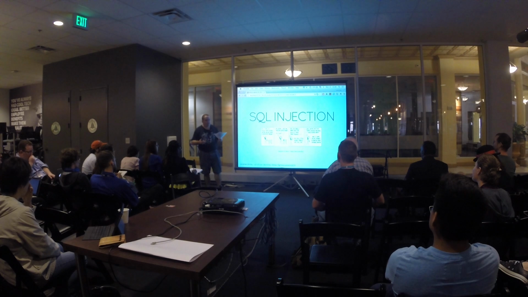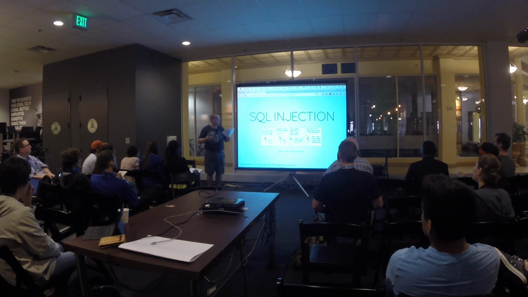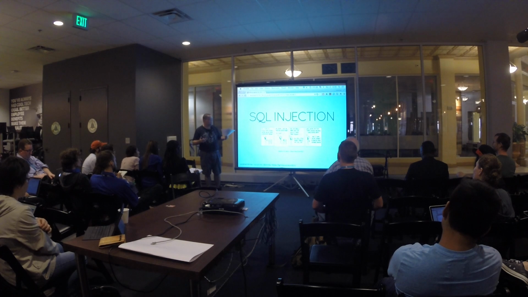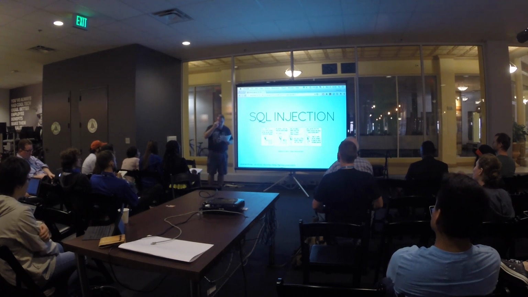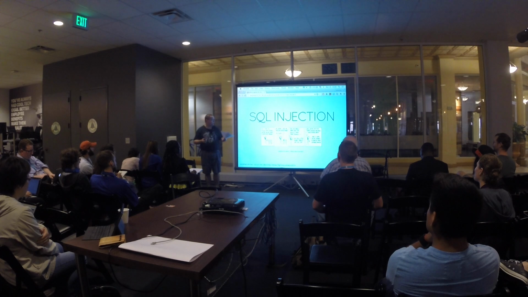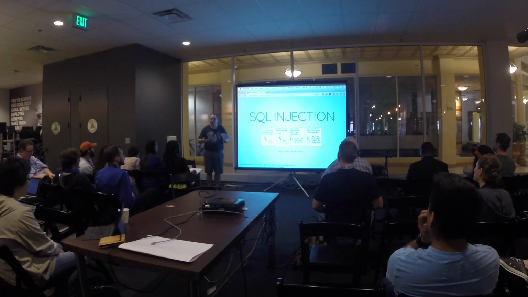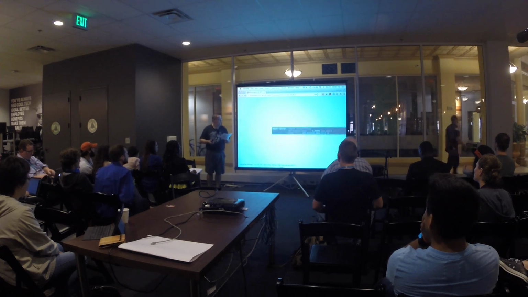Here in the classic XKCD cartoon, you have little Bobby Tables who, when his name is put into a database, causes the entire students table to drop because they didn't sanitize their database inputs. And that really is a possible consequence of not escaping your database inputs, because once the user can run arbitrary queries on your database, they can do really anything they want in it.